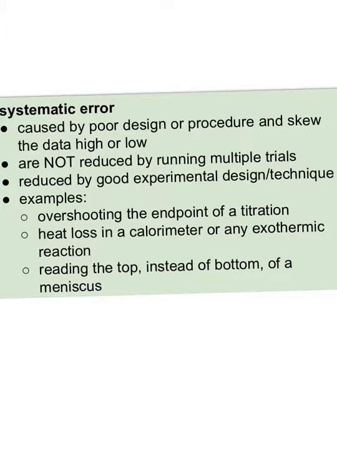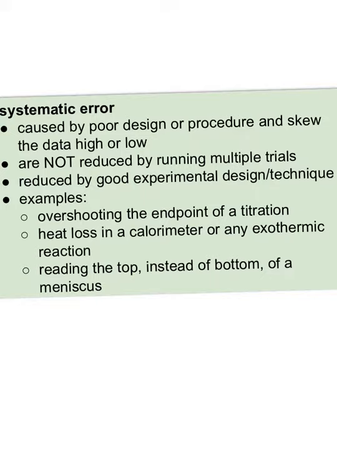Systematic error, again, is caused by poor design or procedure, and they will skew your data high or low. And these are not going to be reduced by running multiple trials. So if you can eliminate systematic error, you need to, and if you can't eliminate it, you need to account for it. So some examples would be overshooting the endpoint of a titration.